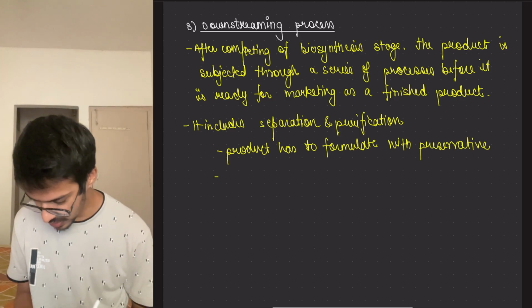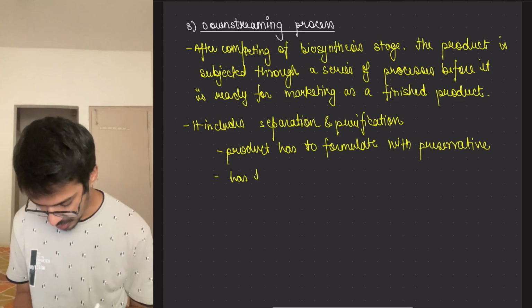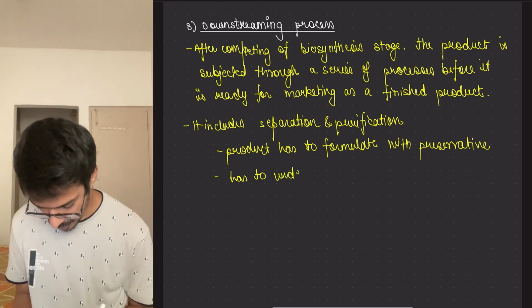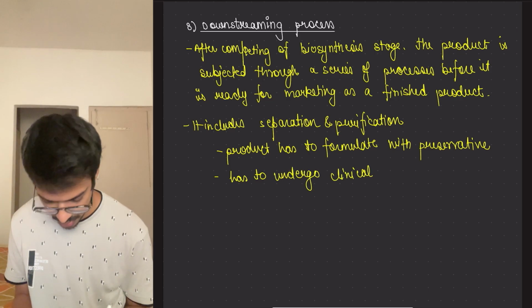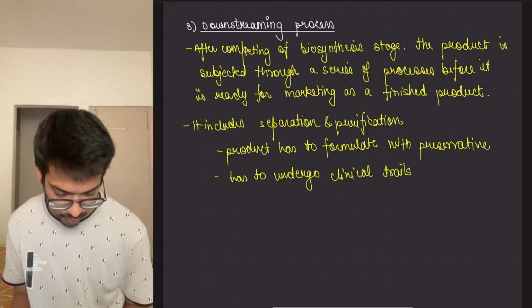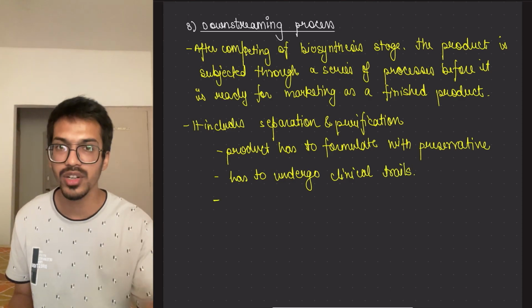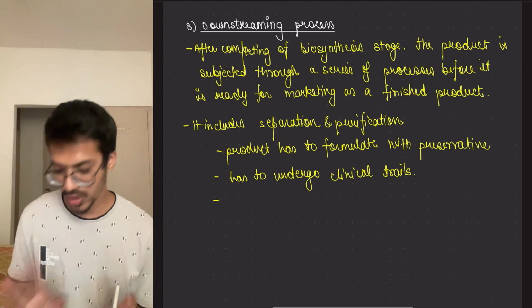That would be a loss. It has to undergo clinical trials, meaning whether it is suitable for human consumption or not. We will try it on monkeys and then on humans.